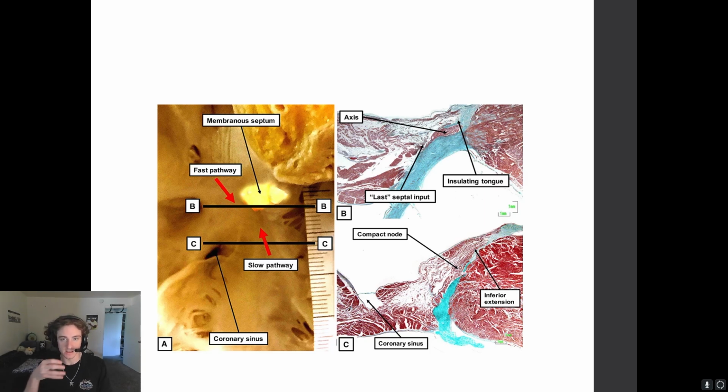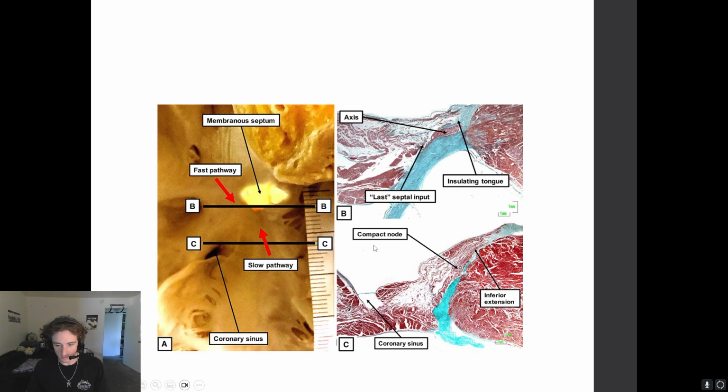Remember, substrate is like the material that something can pass through, okay? So it's going to be the substrate for the fast pathway, right? Going down that septum, take a section right here, it's suggested to be the substrate of the fast pathway. This paper is very hypothesized, but that doesn't mean it's inherently something to discount, okay? So that's why we're talking about it.